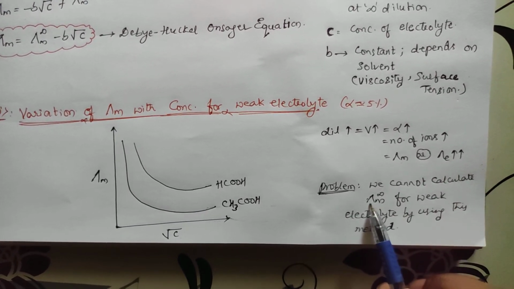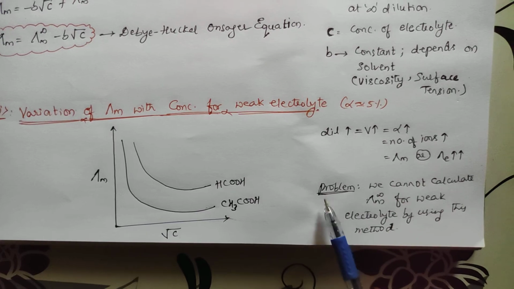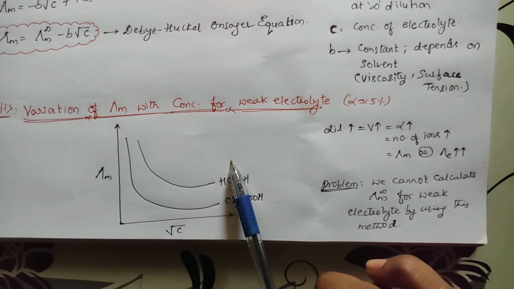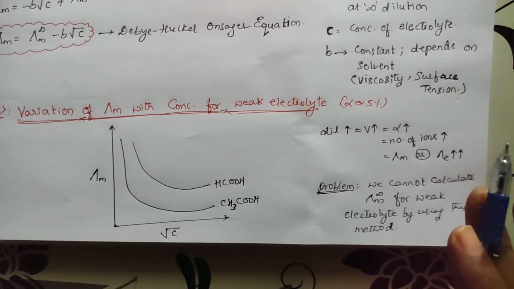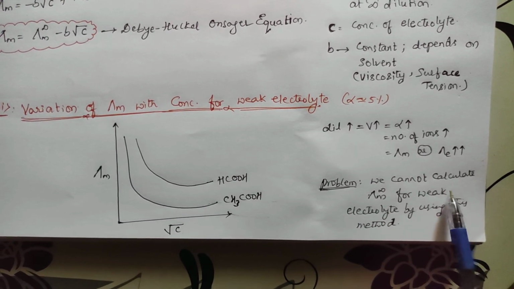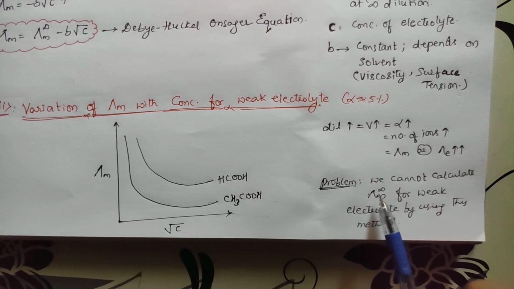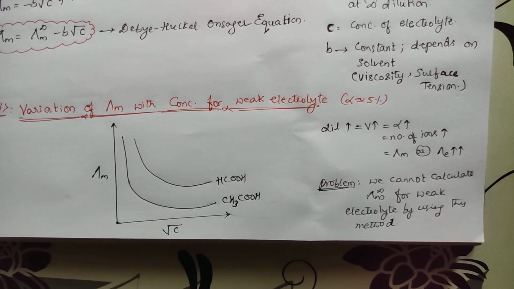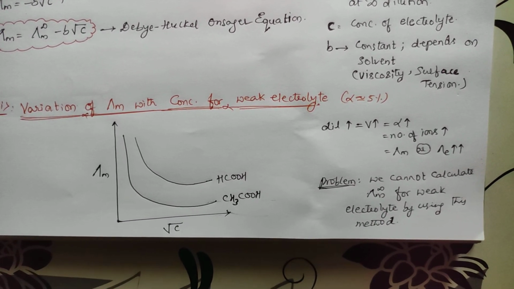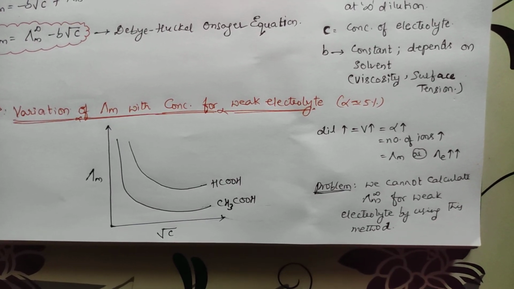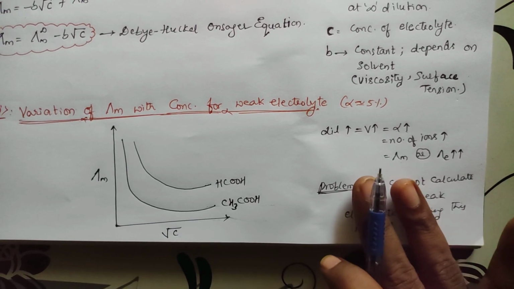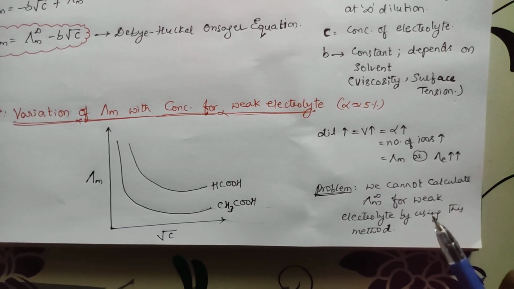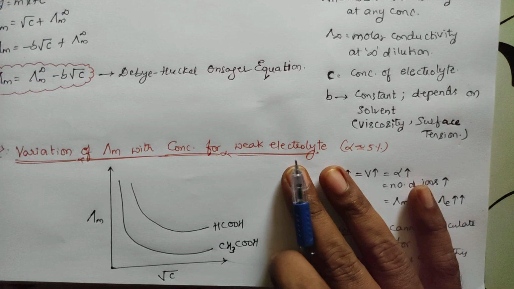The major problem with the weak electrolyte is the maximum conductance at infinite dilution, which you can't calculate directly. Again, I am repeating, at infinite dilution, the conductance of the weak electrolyte cannot be calculated. But it can be calculated in an indirect way based on the strong electrolyte, and that law is called Kohlrausch law of independent migration of ions.